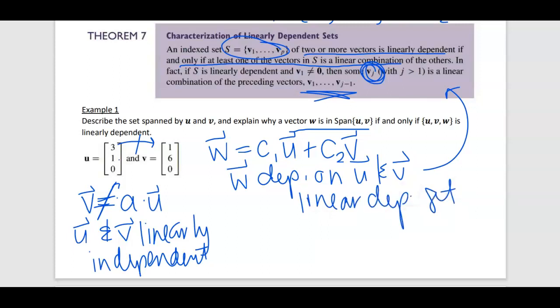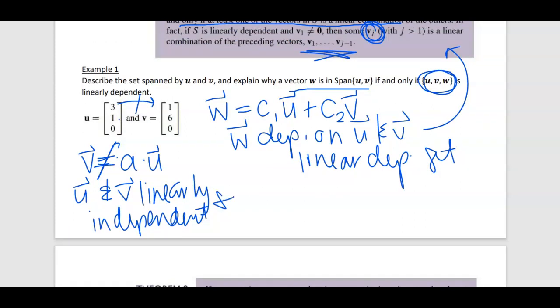I know U and V don't depend on each other, but W depends on U and V, so that set is a linearly dependent set. And if U, V, and W are a linearly dependent set, then one must be a linear combination of the others.